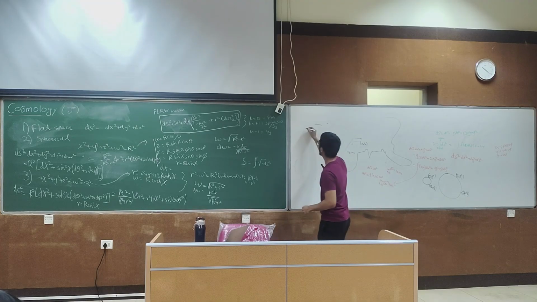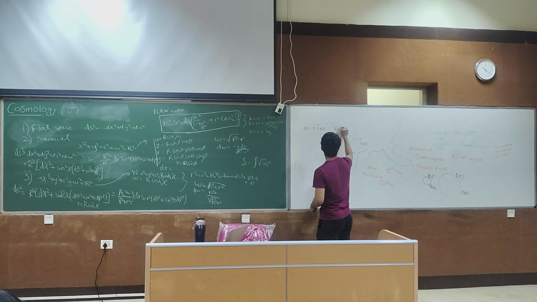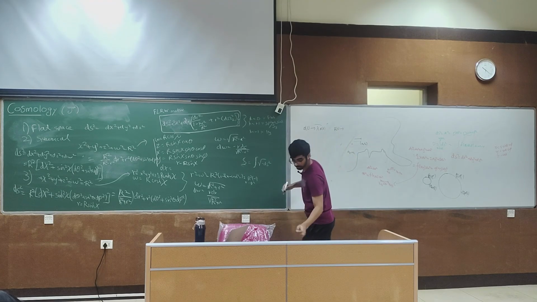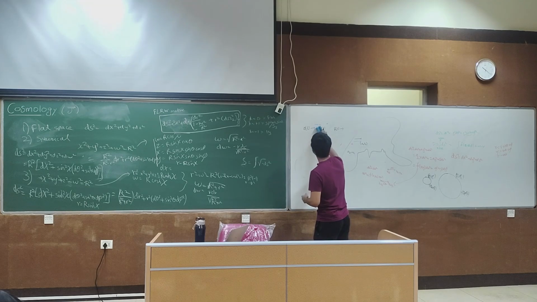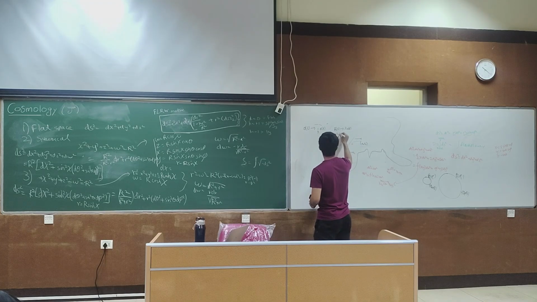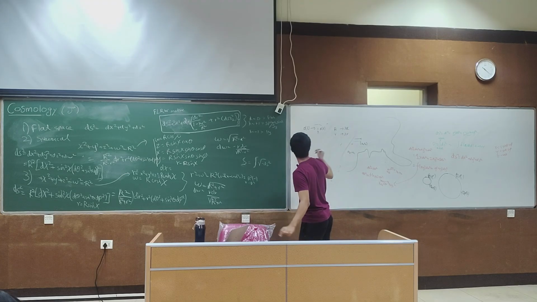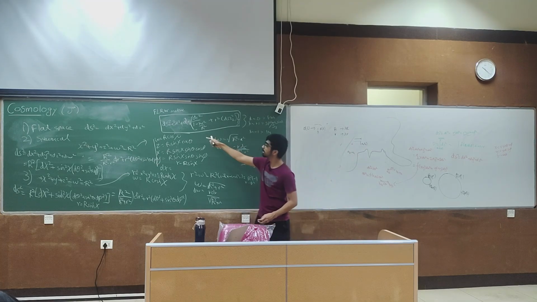If a of t goes to lambda times a of t, r of t goes to, hang on, I think I wrote it wrong, 1 by lambda. If you do this transformation, then you can see that the metric is invariant.